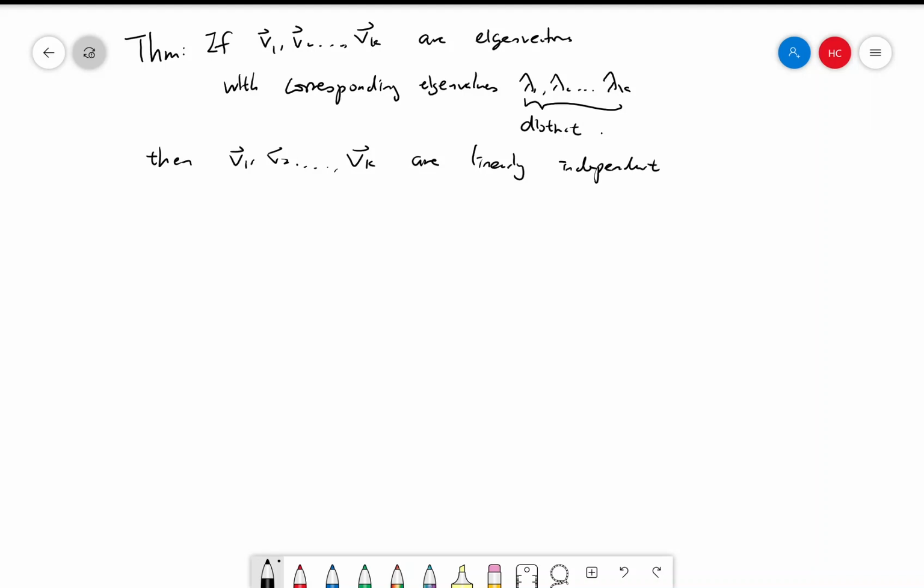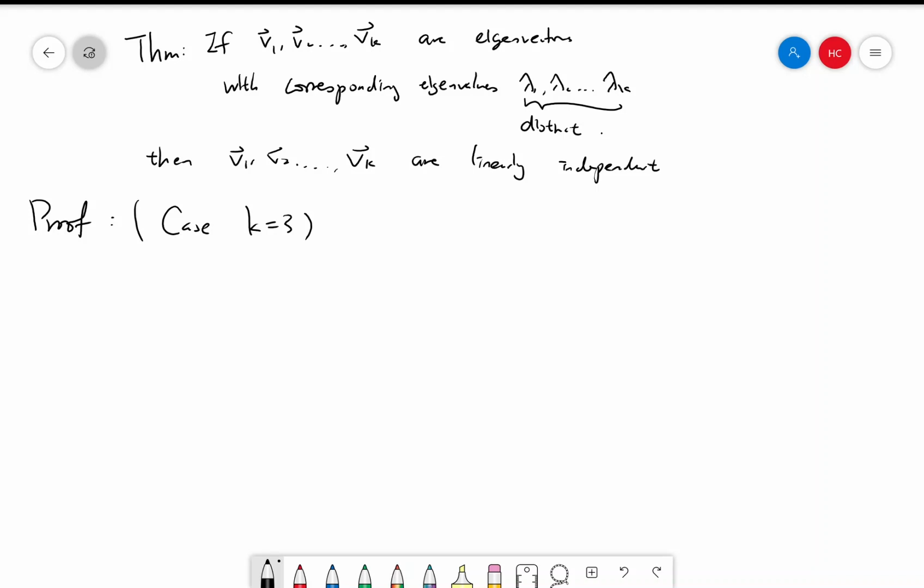Okay. So to cut down the proof, let's just prove the case k equal to 3, and the proof for larger k is similar, but k equal to 3 is easier to see.